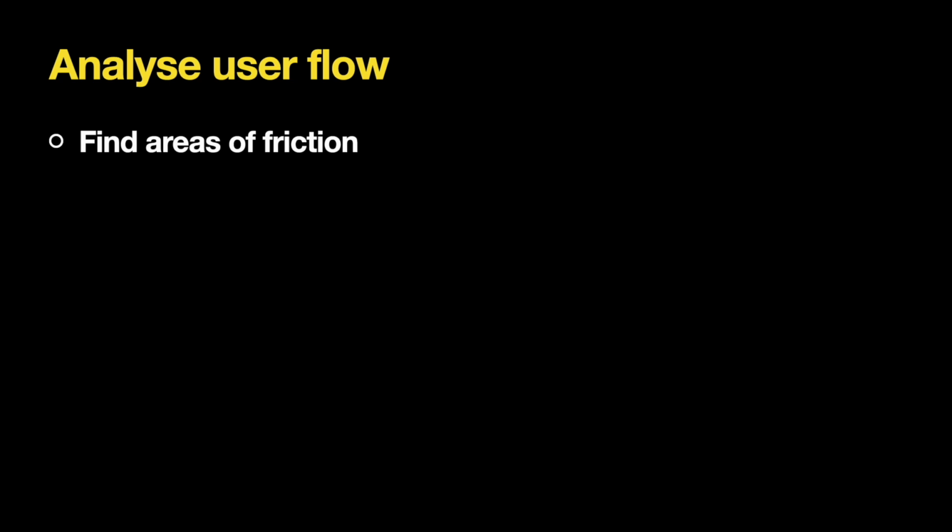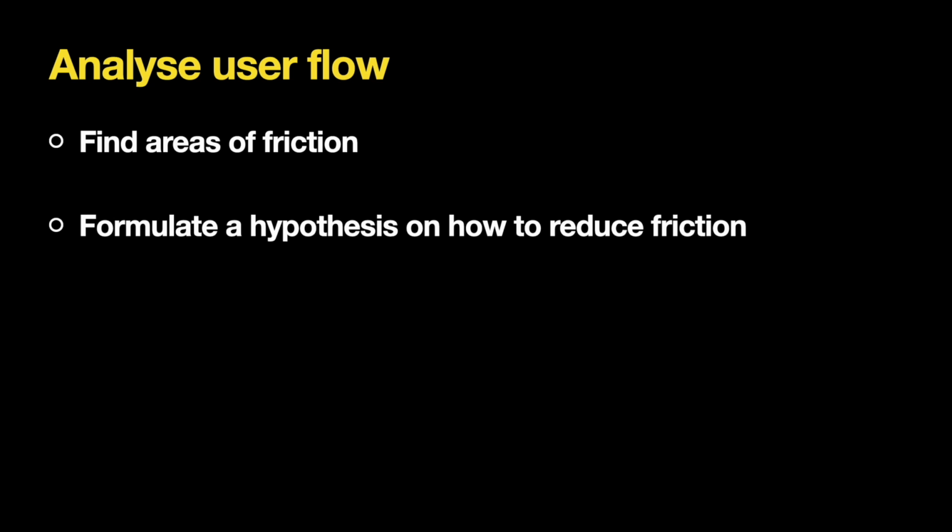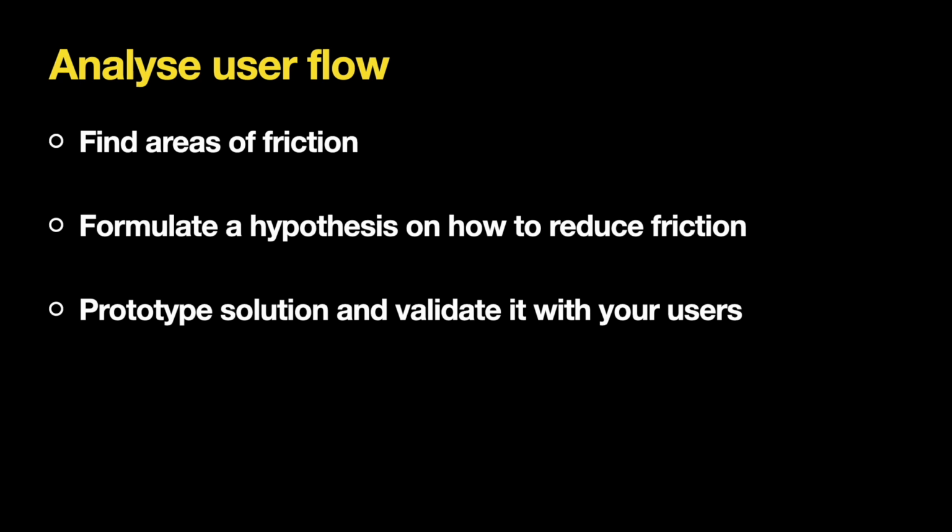For example, for the e-commerce purchase flow that I've mentioned before, the dropouts can happen at the checkout step. Next, you need to formulate a hypothesis on how to reduce friction. And after that, you need to prototype a solution and validate it with your users. If you have a few different solutions, you can A/B test them to see which one works the best.